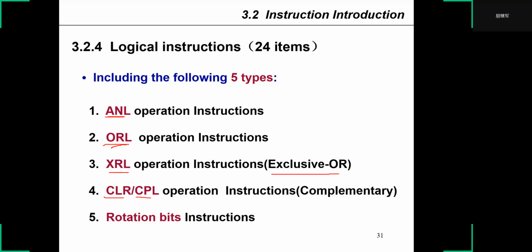CLR is clearance, CPL is complement, which sometimes we just call inversion. Then rotation instructions. There are 5 types of logical instructions.